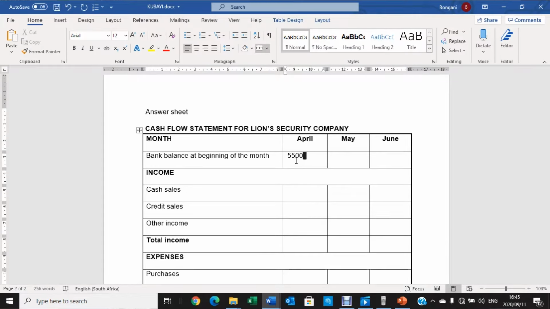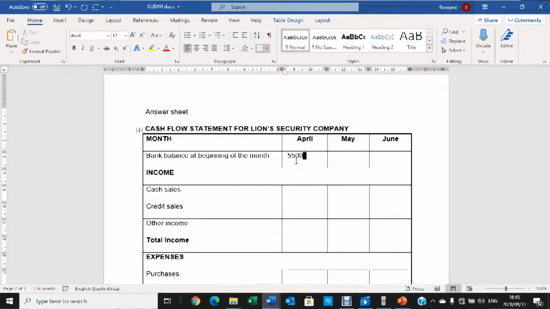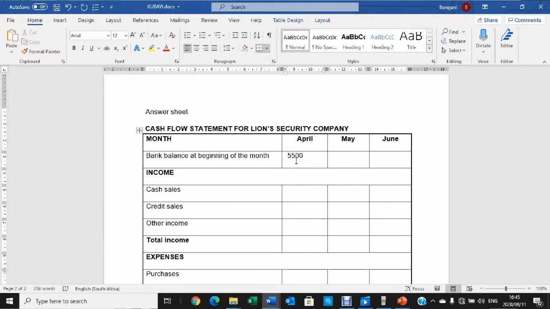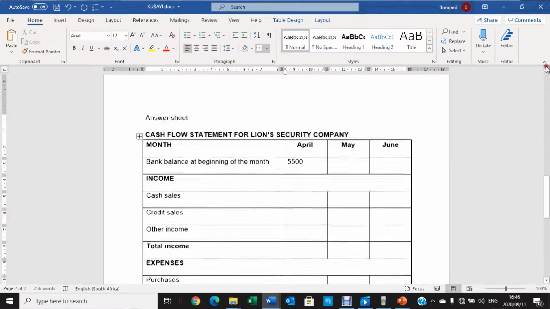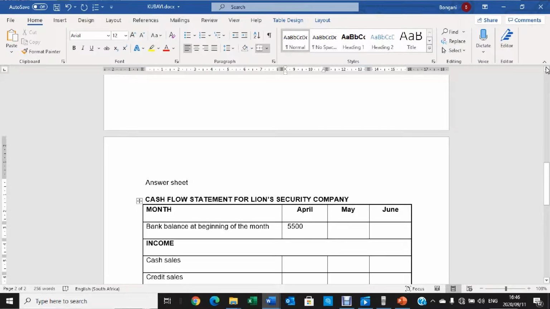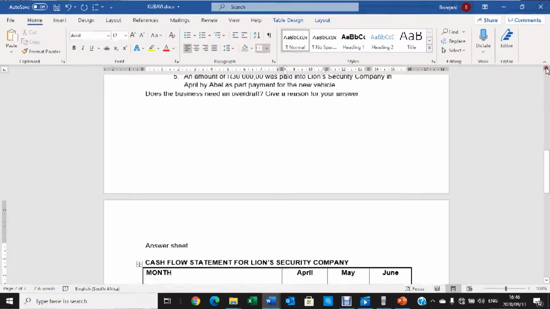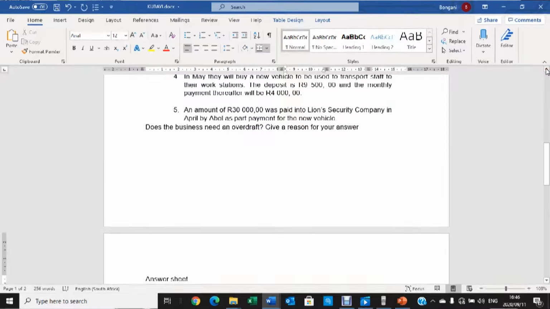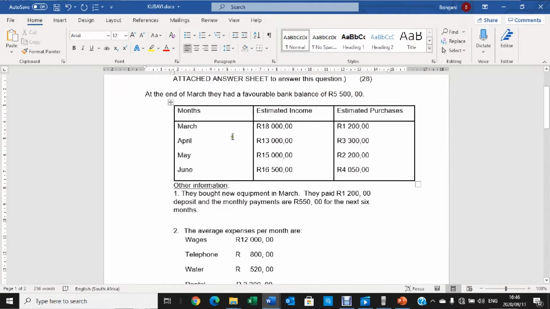Then we move to the second part of our cash flow statement, which is all about the income. Cash sales: every time the business sells goods, we go back and check our estimated income for April. April has 13,000 rand as estimated income.